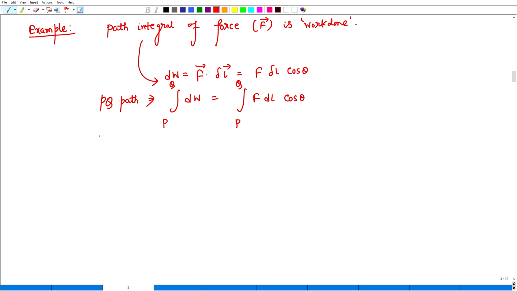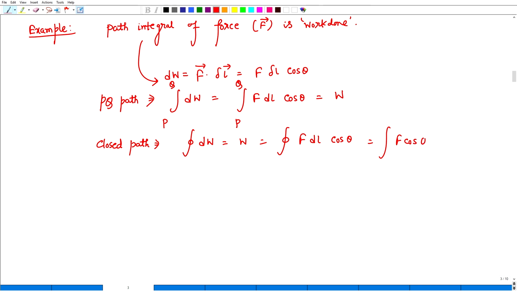Okay, and for the closed path, let me write closed path or loop, it is actually the W equals the closed integral of F dl cos theta, or we can write it as F cos theta dl, does not matter, the same thing.